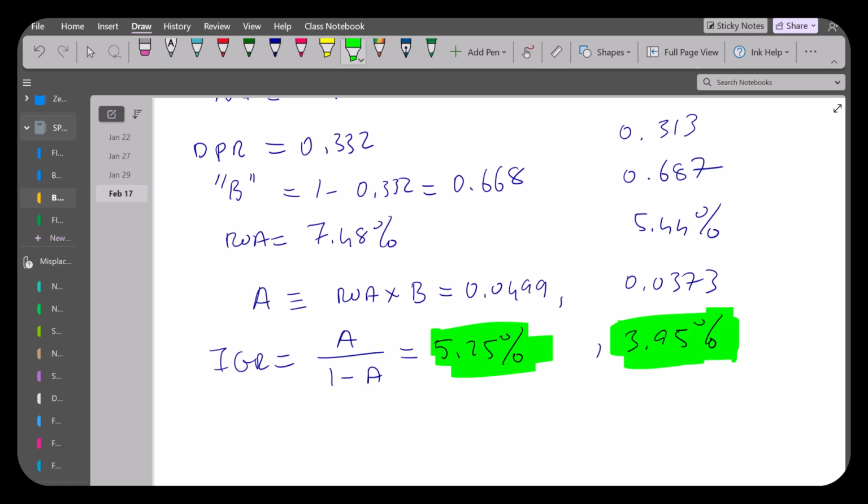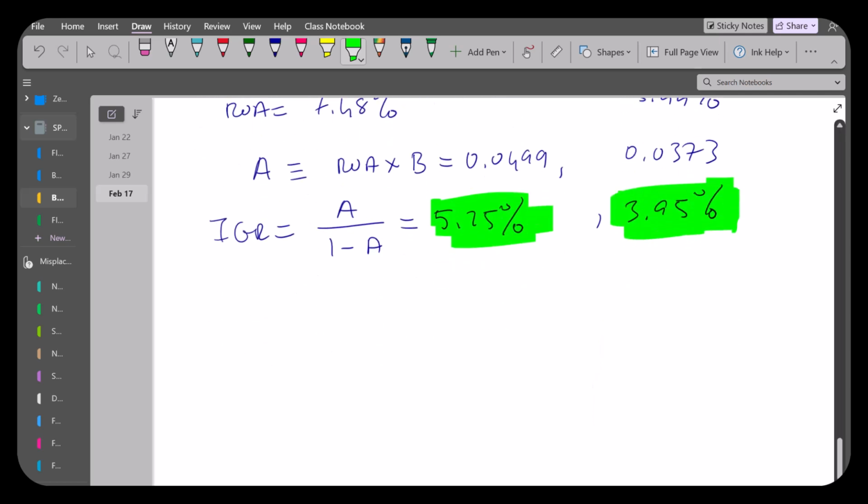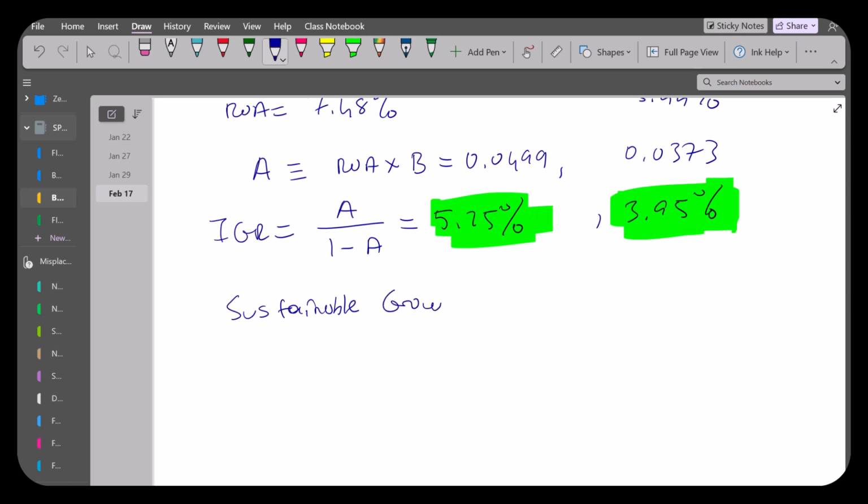Now we have another growth rate. It is called sustainable growth rate. Come on, man, work with me. It's been a while since I used this. It's called SGR.